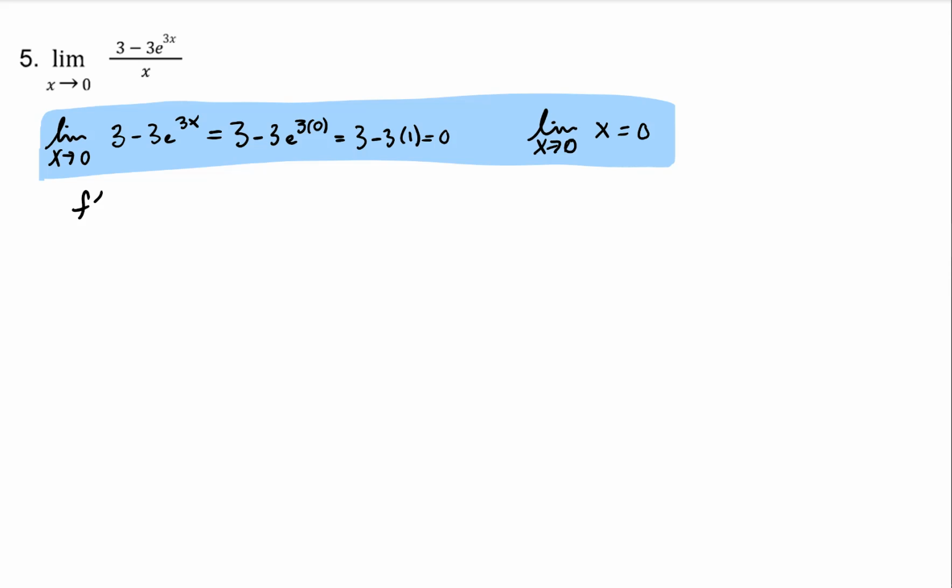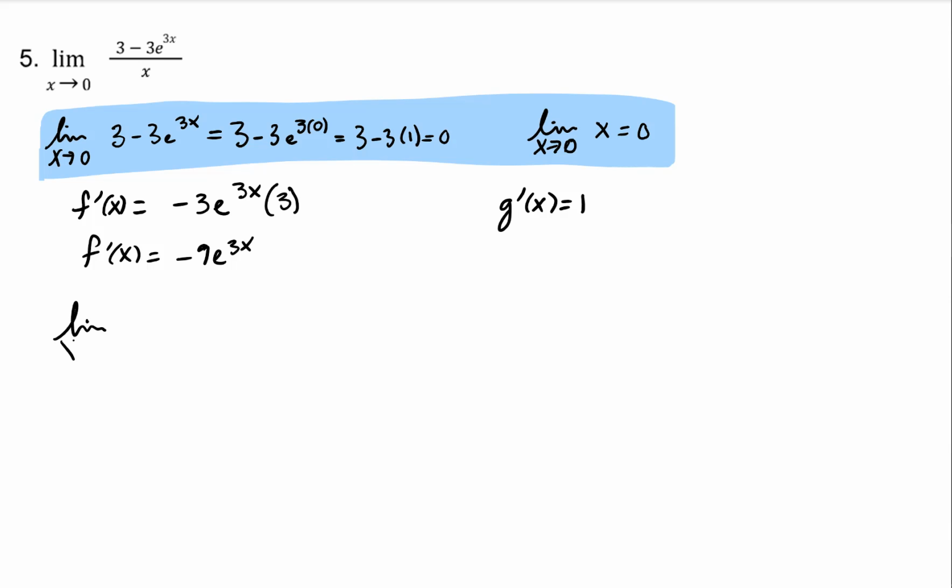Zero over 0 is indeterminate, so let's derive. Now by L'Hopital's rule, the limit will be equivalent to the limit of the derivatives. Negative 9 is your answer.